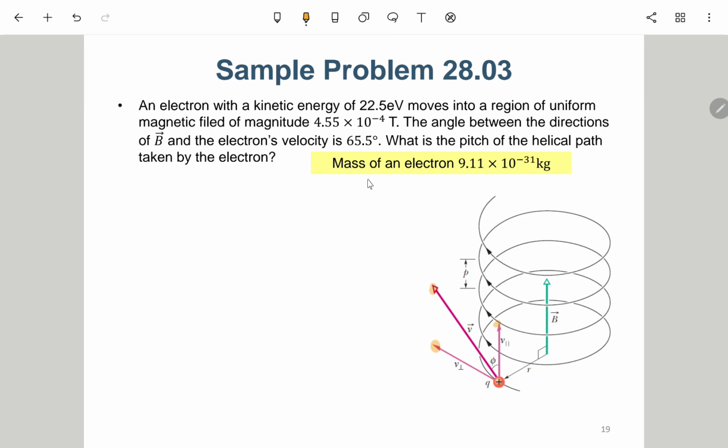The pitch means, for a circular motion, okay? So let's say if you project this helix to a plane, for this cycle and the next cycle, it corresponds to the same point for the circular motion.